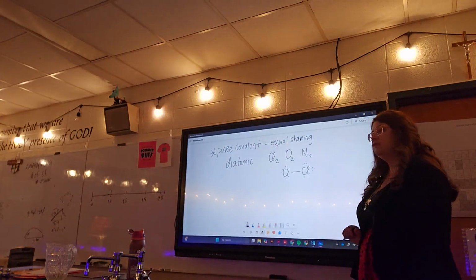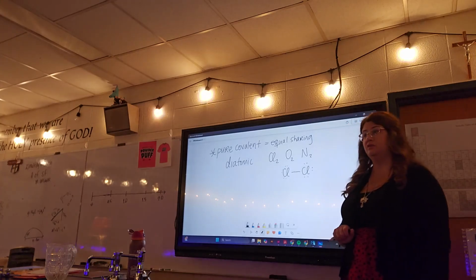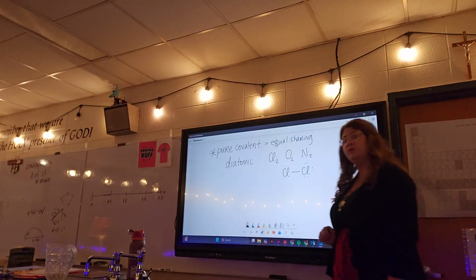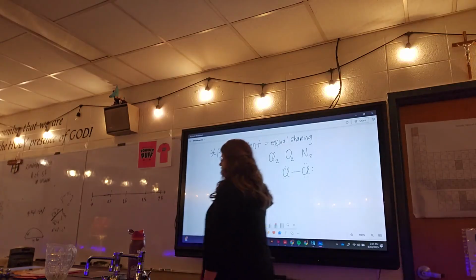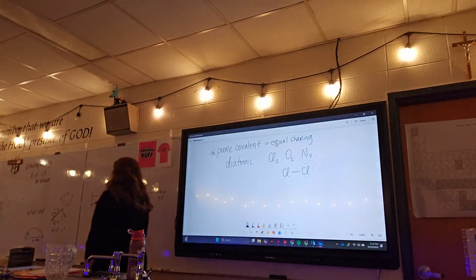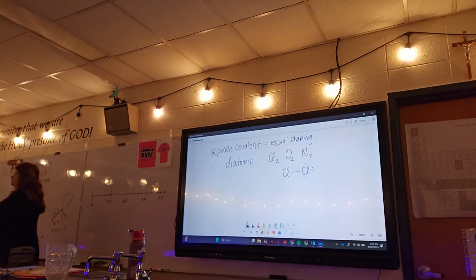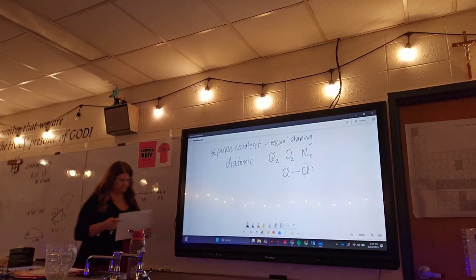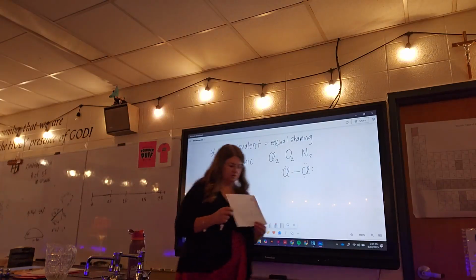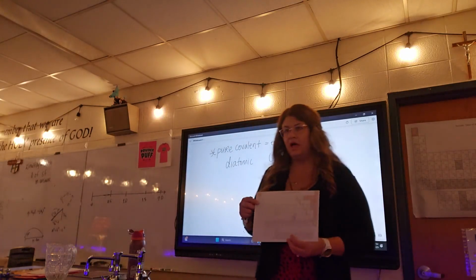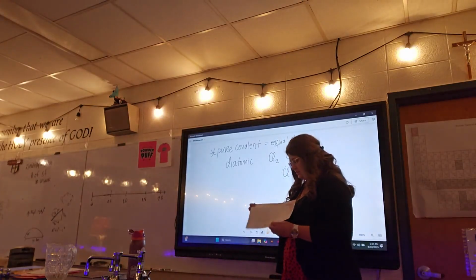Okay. Do you have your periodic table out, the one that I gave you? Flip it over and look at the back side where it says electronegativities and oxidation states. The one that I made. So you're going to want to use this side, the one that says electronegativities and common oxidation states.